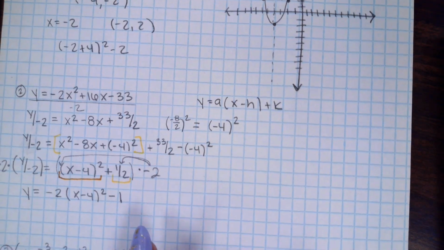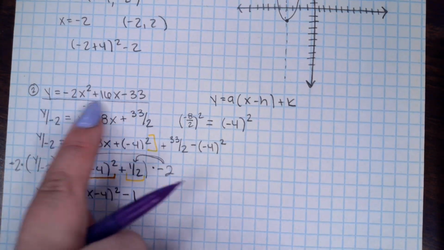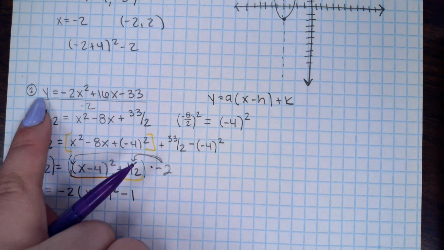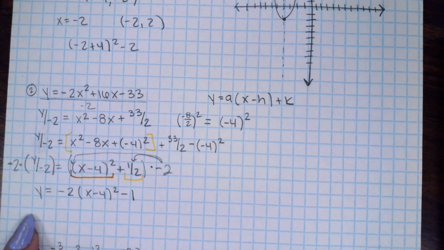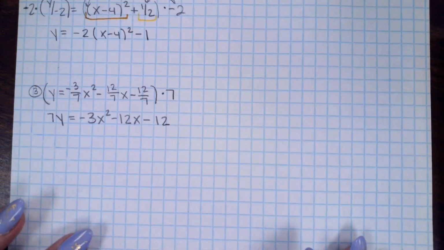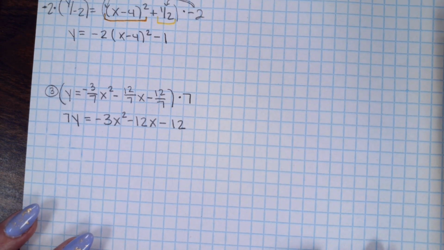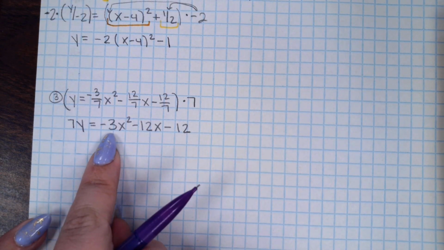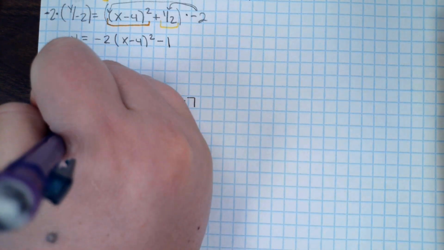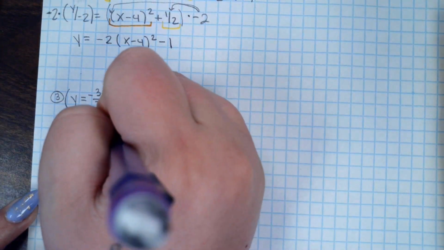So now we're kind of at this point where we started last time. The only difference is we have a 7y out here, but again, we'll deal with it at the end like we did here. All right, now we have this. We need to complete the square to transform our equation into vertex form. So our leading coefficient needs to be 1. We're going to divide everything by -3.